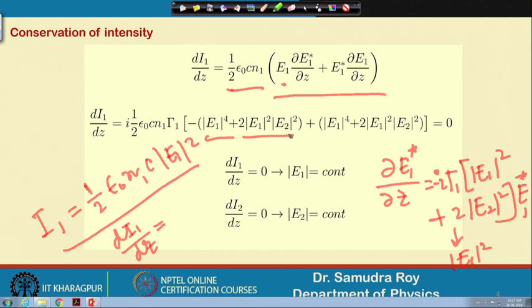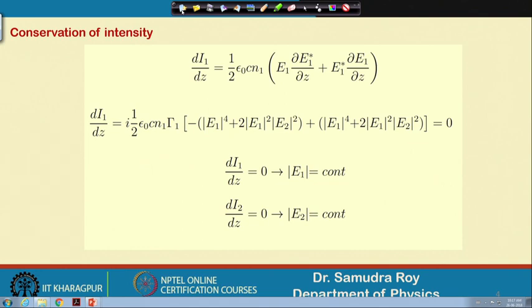In a similar way, if I do the same thing for the other term, I will get the same thing except this plus sign. So, we essentially find that dI dz, if I do this calculation in detail, the first term and the second term will cancel out, and we will have the conservation of individual intensity.